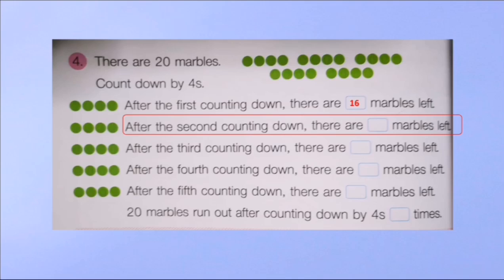Okay, now let's count the marbles by fours. So this is our first fours and our second fours. So how many marbles are left? How many marbles did I not encircle? Please write the correct answer inside the box.